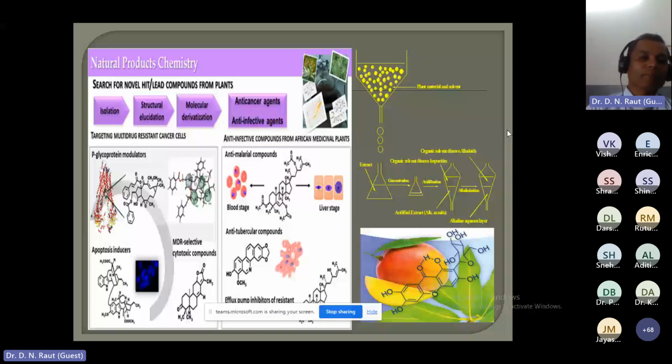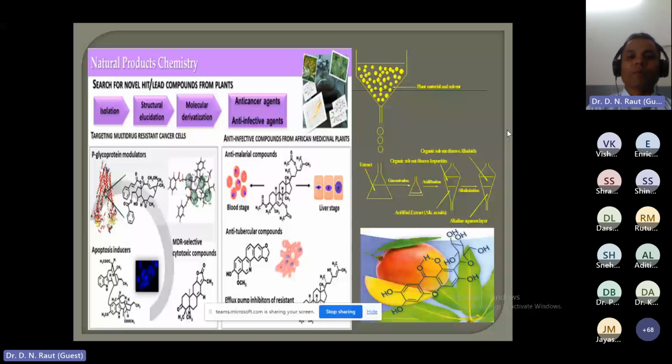This is a representative example of having anti-infective as well as anti-cancer compounds from plant sources. For this purpose, we use different isolation techniques to get the one particular compound which is responsible for that particular disease or physiological action.